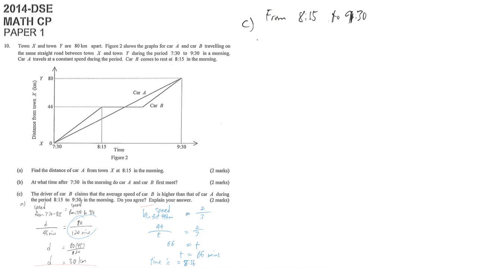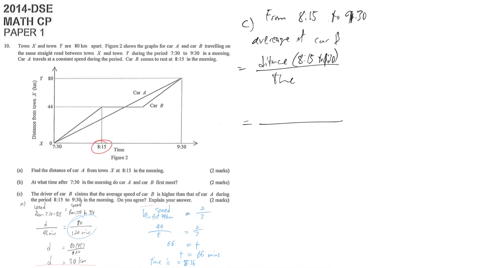And then the average speed of car B is equal to the distance. Beware, we are talking about the distance traveled from 8:15 to 9:30, and the time spent. Look at the graph here: at 8:15, the position is 44.